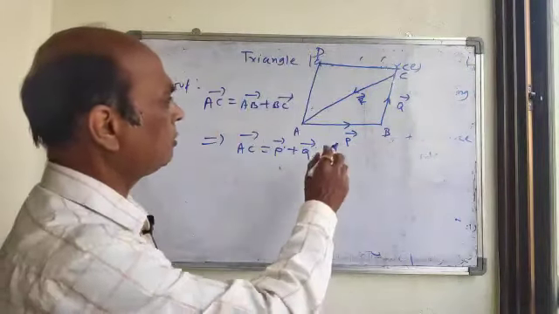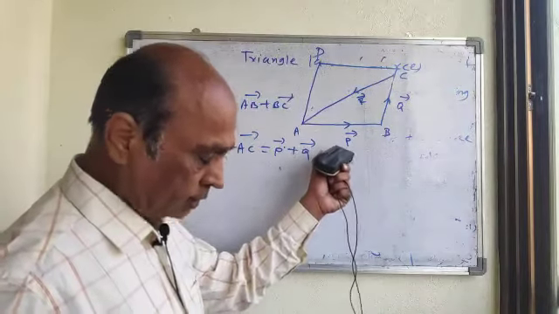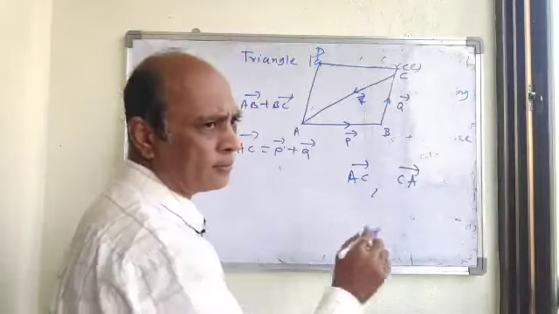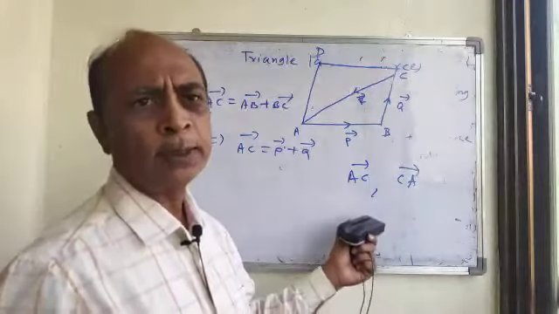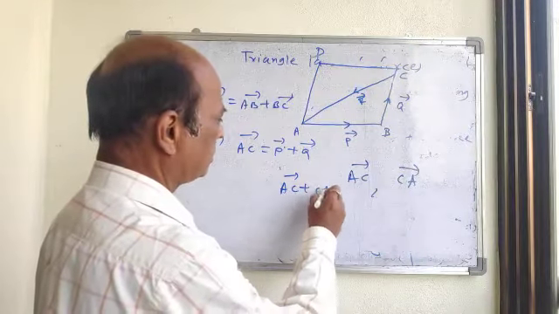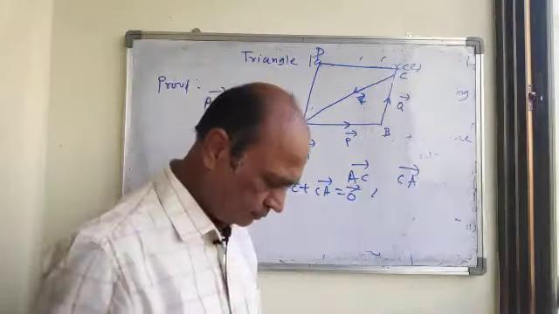Now the resultant of P bar, Q bar, that is R bar, is along CA bar. Since the forces AC bar and CA bar are of the same magnitude but in opposite direction, we can write AC bar plus CA bar is equal to 0 bar.